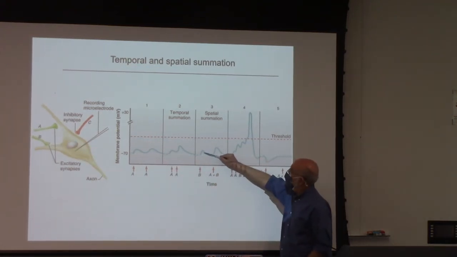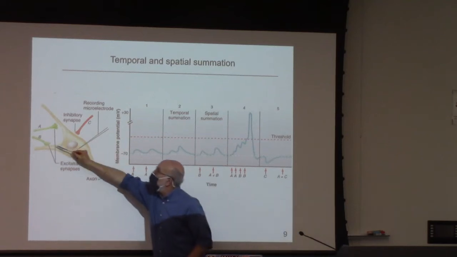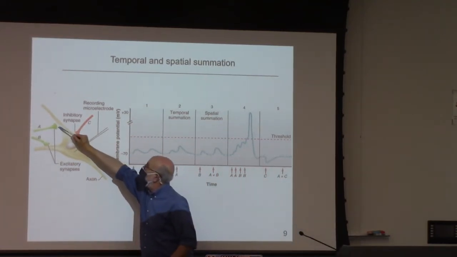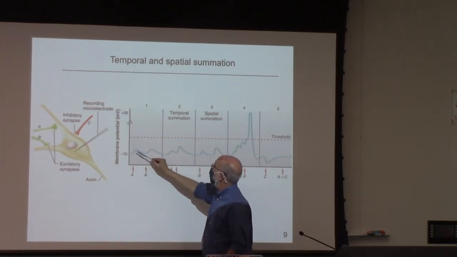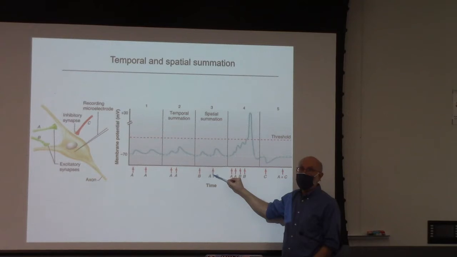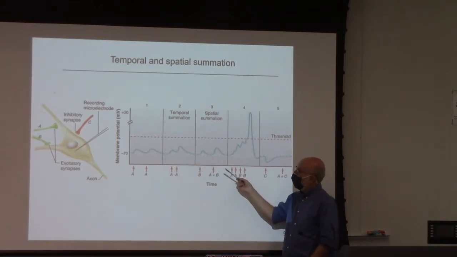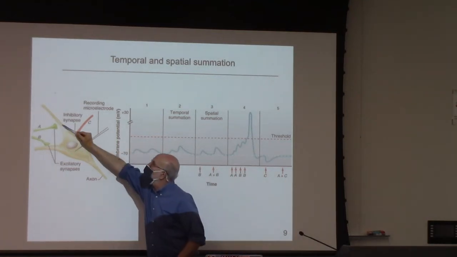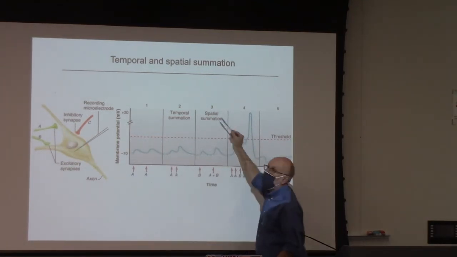So if this synapse produces this EPSP, and this synapse produces this EPSP, and both of them happen at the same time, you could say that because this is two different synapses, we call it spatial summation.